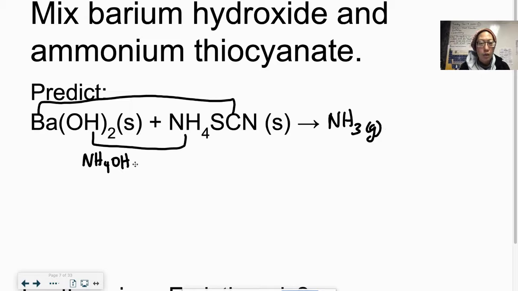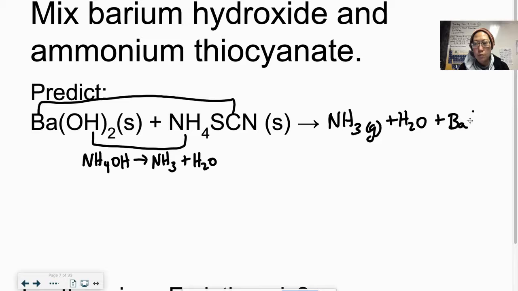So we end up with ammonia, and what is happening here is this ammonium hydroxide is actually decomposing into ammonia and water. So we get some ammonia and water, as well as the other product of the double replacement. We get barium thiocyanate. That SCN ion is a thiocyanate ion, and water, of course, is liquid.